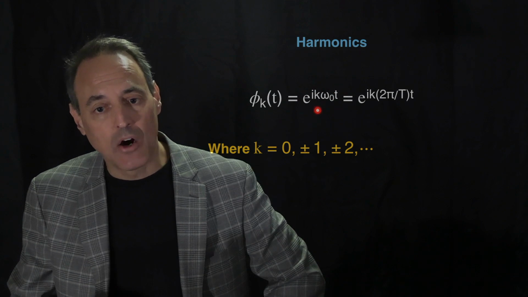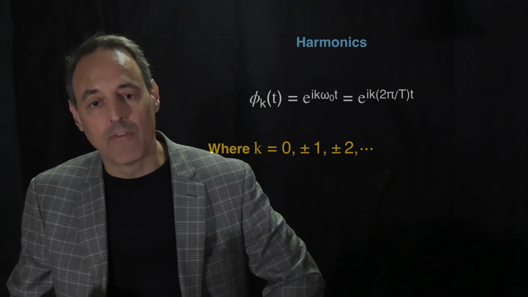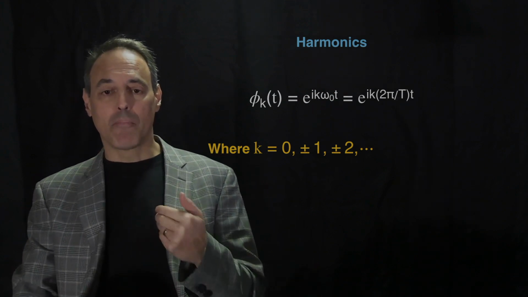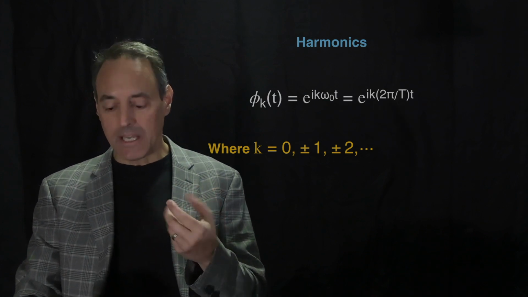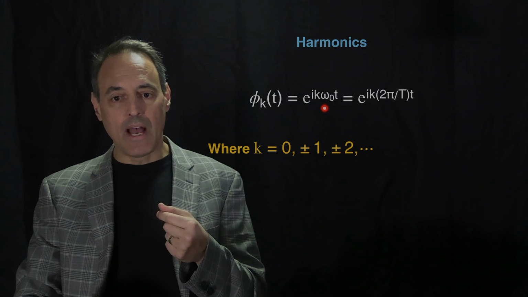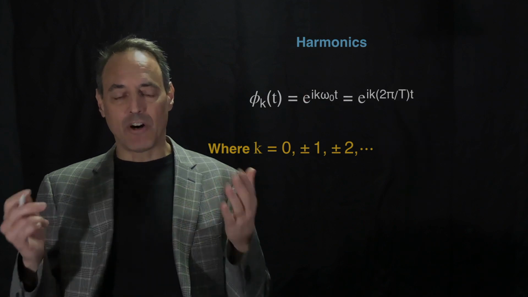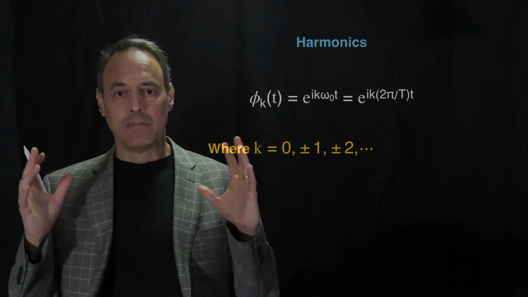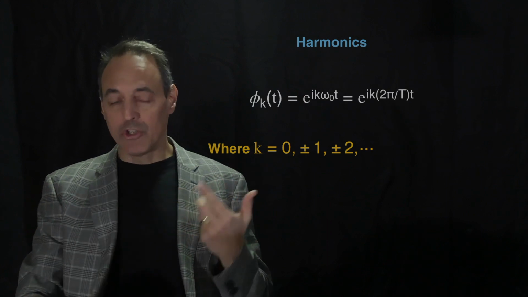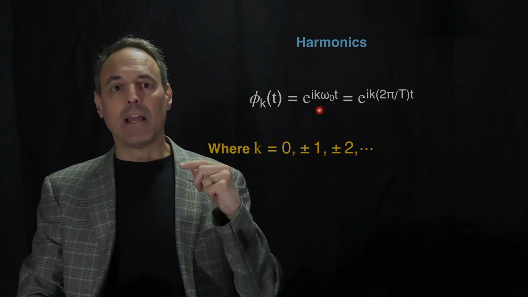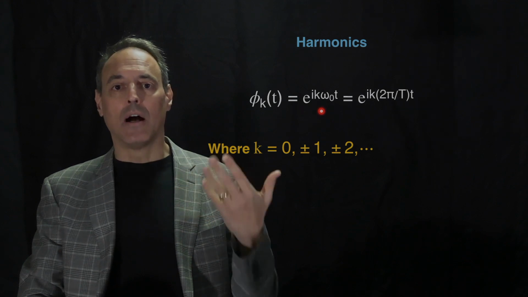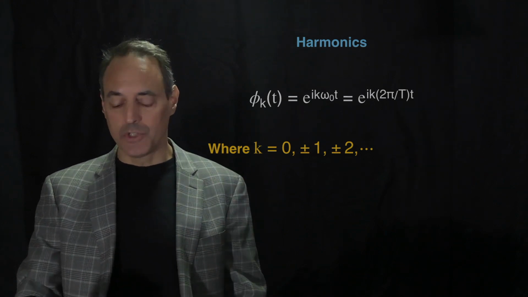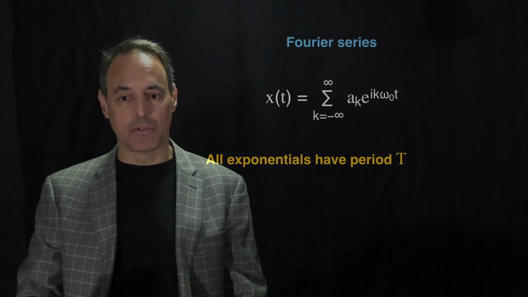Now all these harmonics have the same period of capital T. And so now I have an entire set of functions that have the same period. I'm going to use these as my exponentials for representing any generic signal that I want. Okay? So these are going to be the harmonics I use to represent a signal.